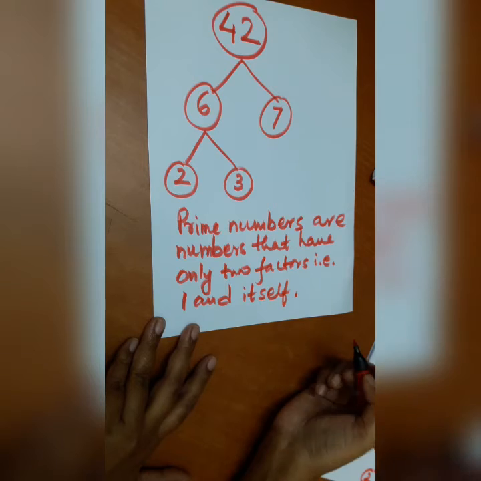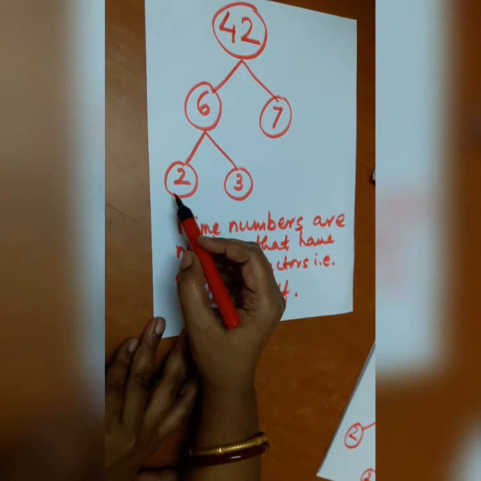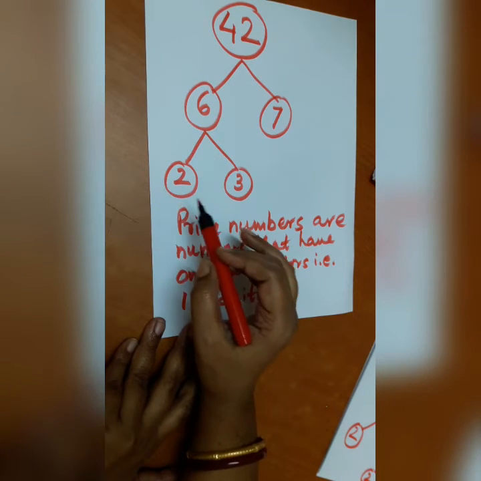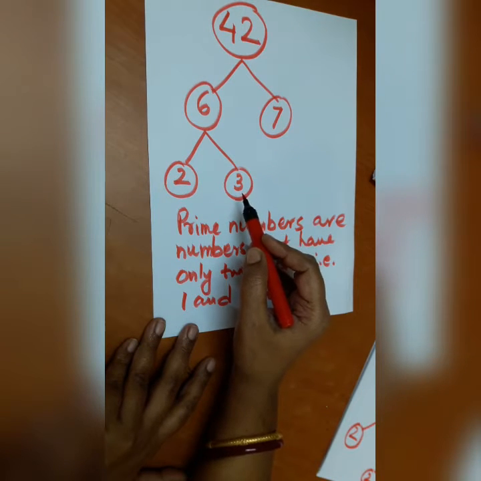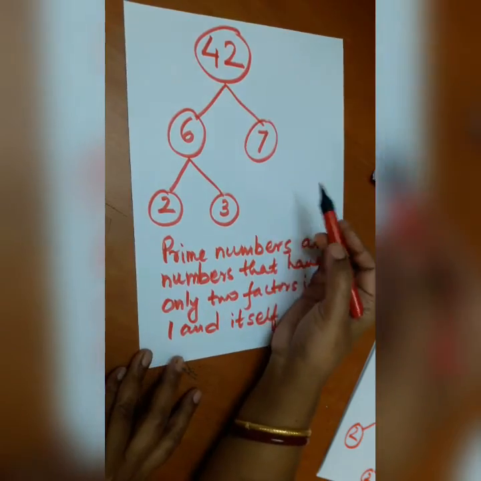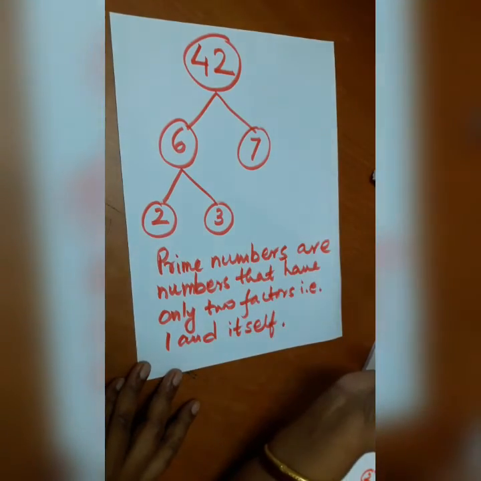These are prime numbers. So here 2 is a prime number because it has only two factors, 2 and 1. This is also a prime number. It has only two factors, 1 and 3. And 7 also has only two factors, 1 and 7.